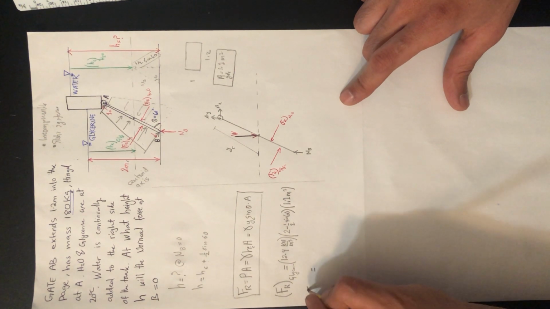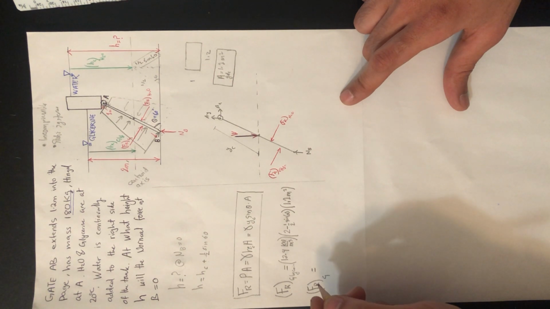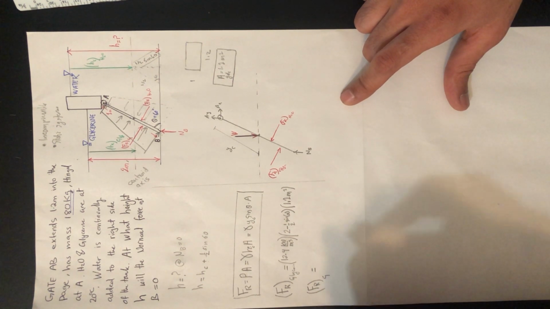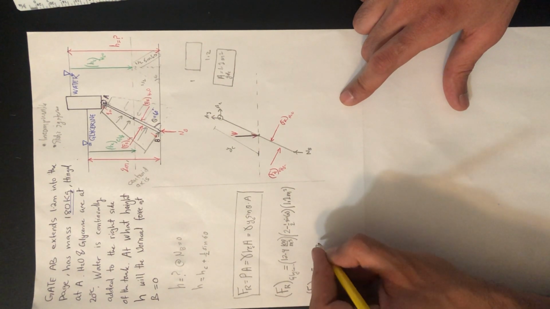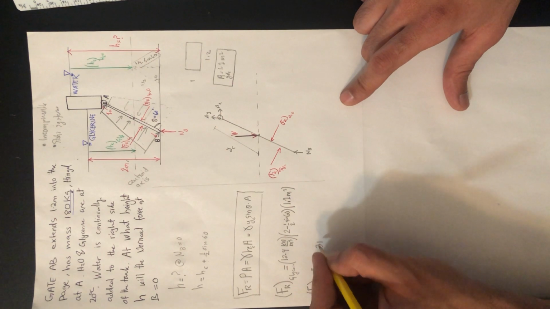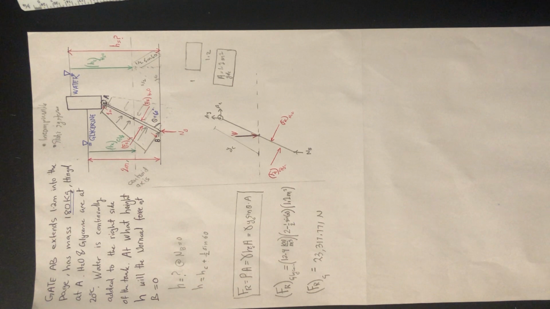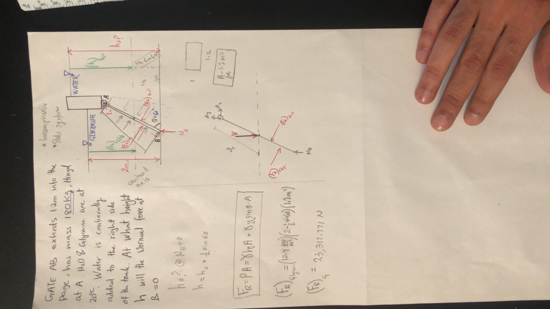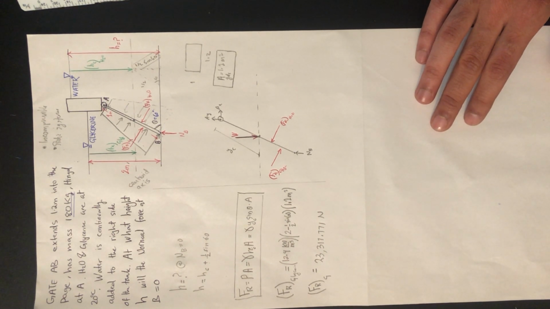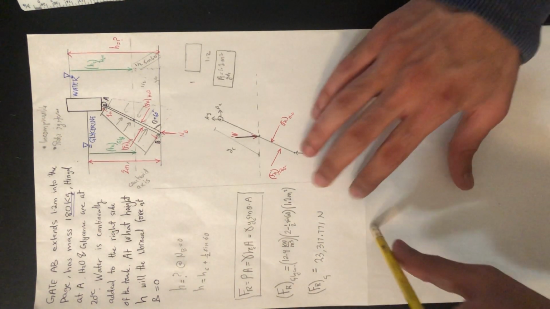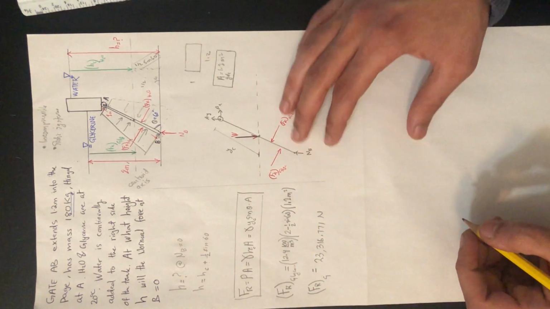I did the math earlier to save time, and our value for the FR is 23,317.771 newtons.